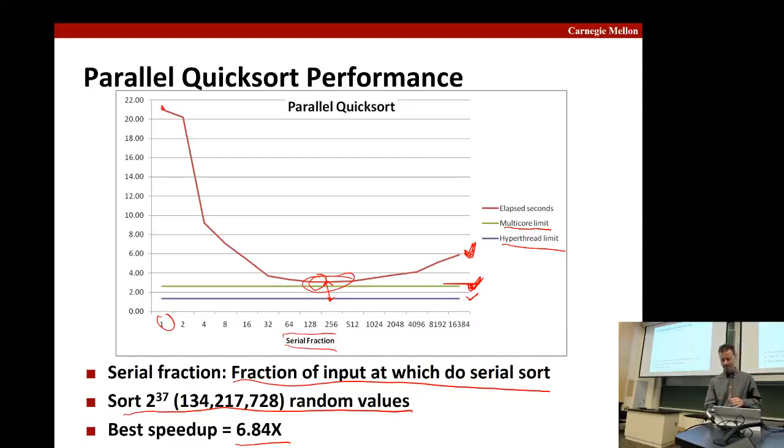Okay. Any ideas why? Is there still any part of this code that's actually serial? I guess you can't tell because I didn't really show you inside the box. Well, it turns out that one of the reasons this isn't doing perfect speed up is that partition routine, where given a pivot, you scan through the elements and you accumulate all the ones that are less than over here and all the ones that are greater than over here, so that you can hand off the less-than-or-equal-to-pivot part and the greater part.